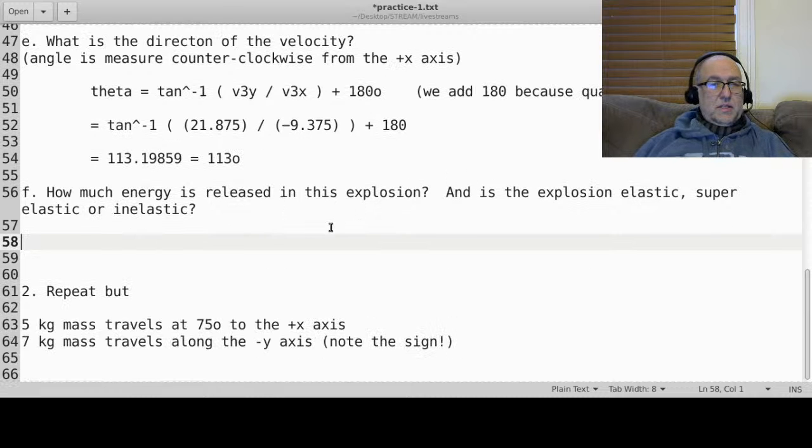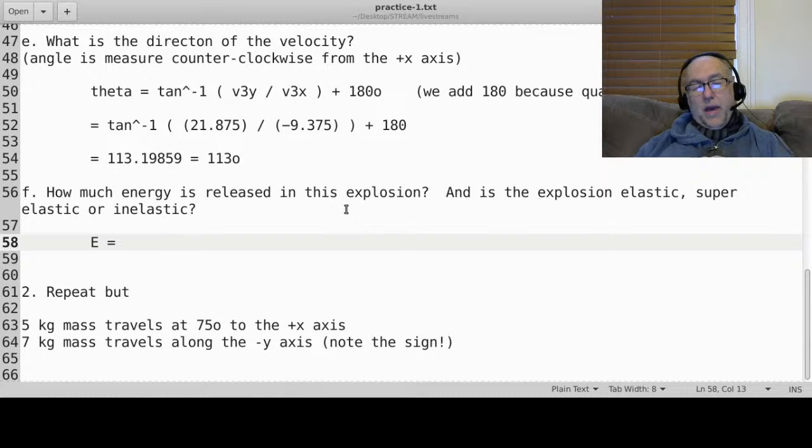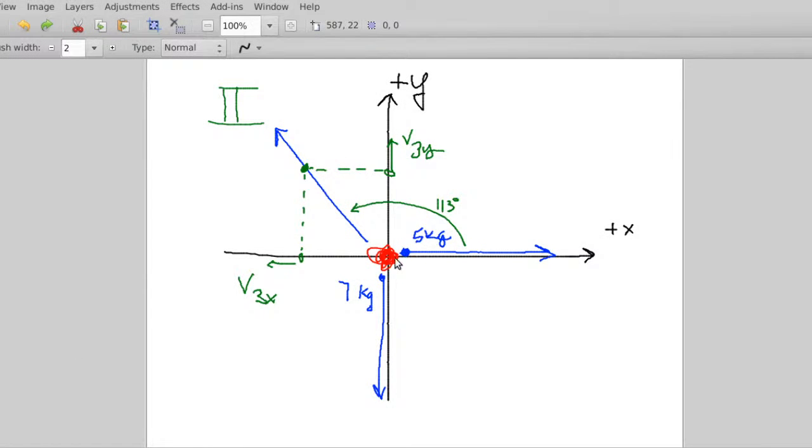So how much energy is released in this explosion? Let's start off with the initial energy. For now, we don't know about heat yet; that's next semester. We also don't know about chemical energy. If you take a look at that red dot there, that's the 20 kilogram bomb or explosives, ready to blow apart.